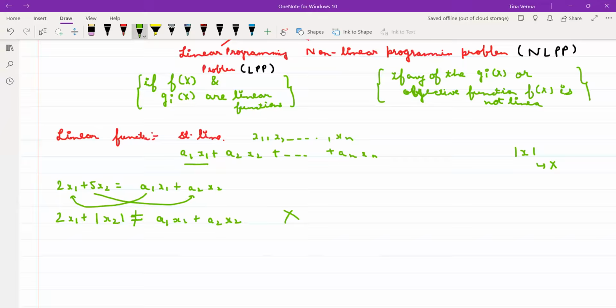That's why it becomes a non-linear differential equation. So you cannot write this like a1 x1 plus a2 x2. That's why it is a non-linear function. Is it clear now?